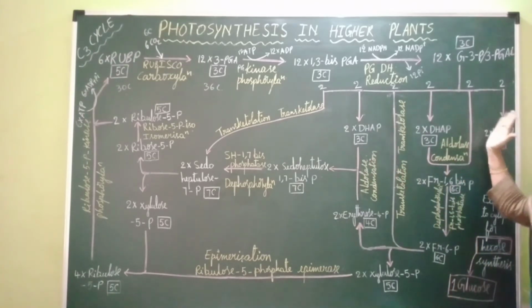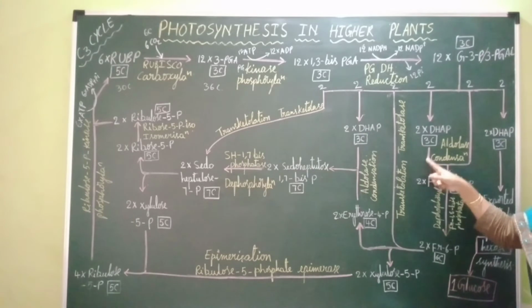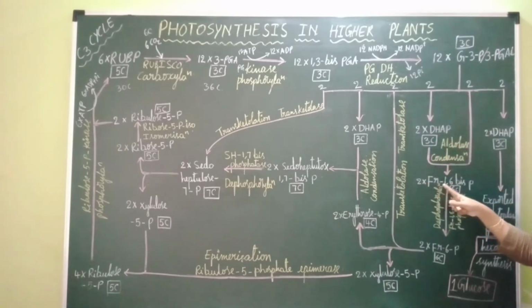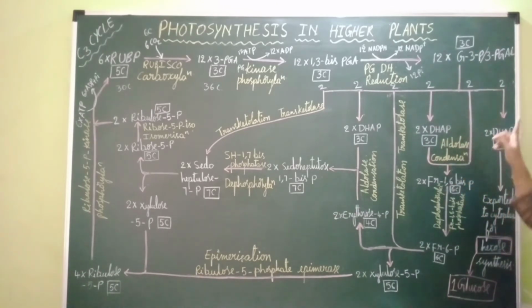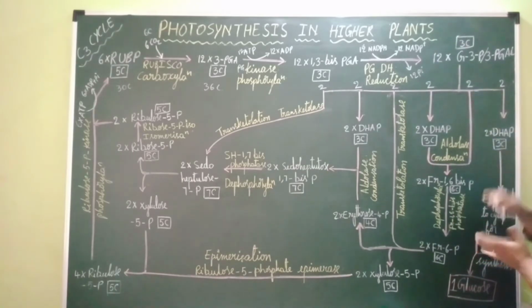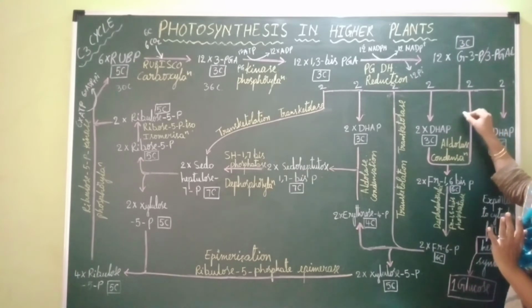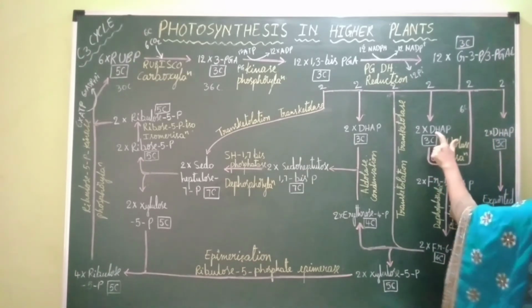Now let's study the regeneration steps from here. 2 molecules of G3P undergo condensation with 2 molecules of DHAP into 2 molecules of fructose 1,6-bisphosphate, and this condensation step is catalyzed by the enzyme aldolase. G3P is a 3-carbon compound, so 2 molecules means 6 carbons. These 6 carbons react with another 6 carbons.